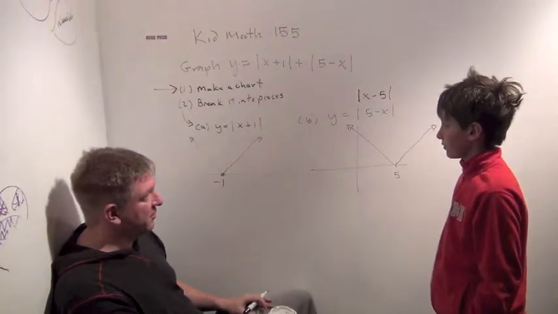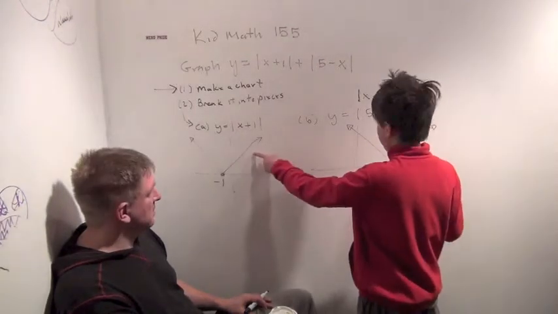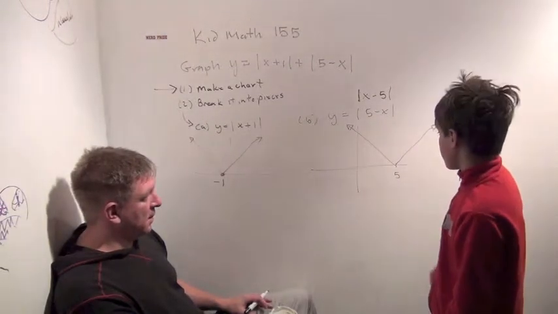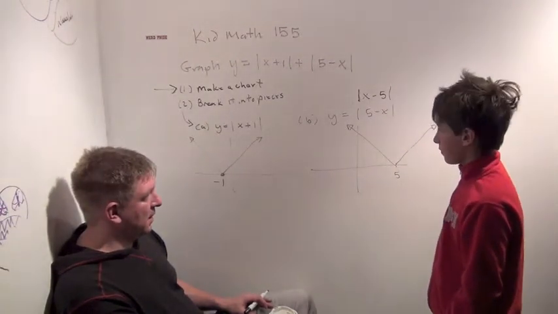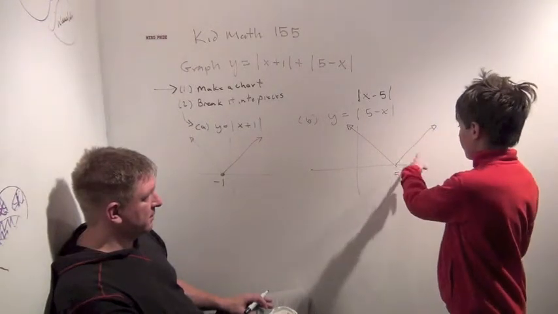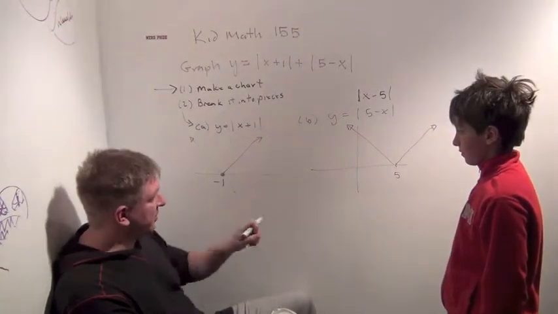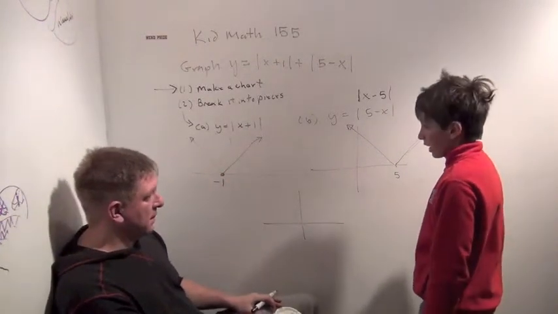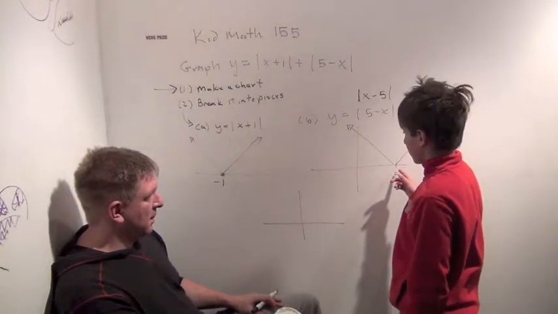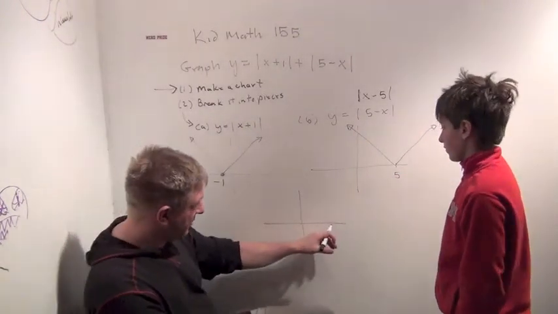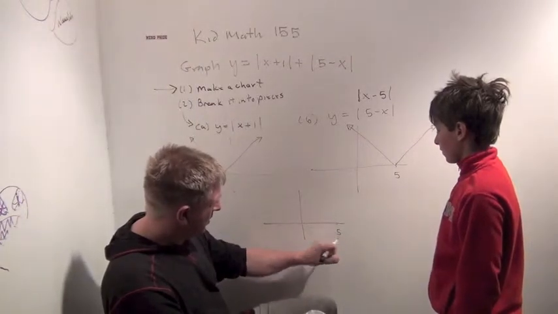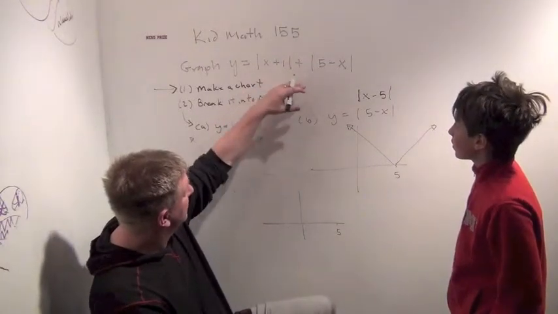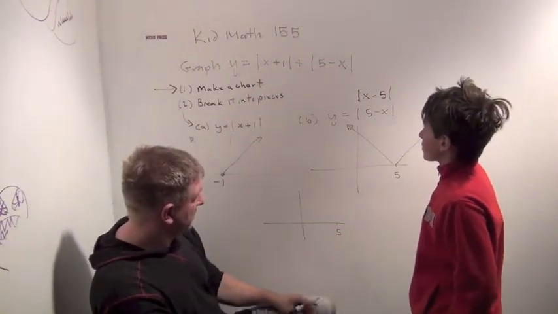When these two intersect, which is at 5. So the slope of the sum will be 2 at x equals 5. And what's the y value of the sum at x equals 5? When x is 5, it's 6.